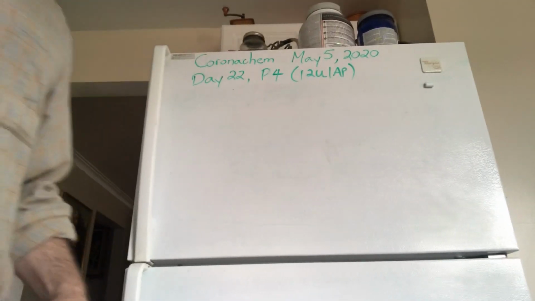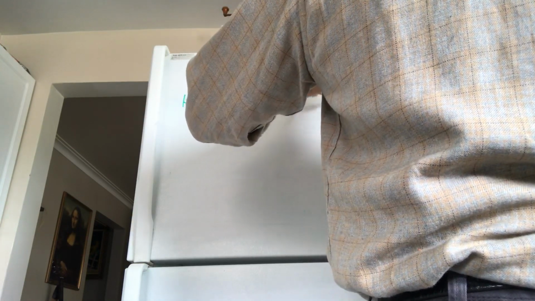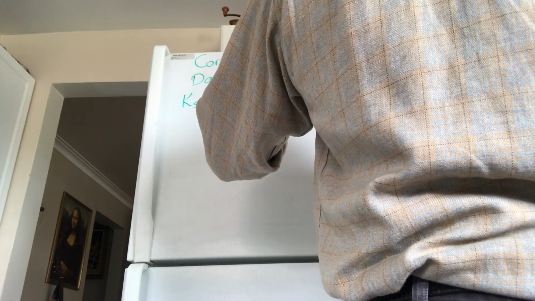So let's write down the conditions of the problem. First of all, the Ksp is equal to 1.6 times 10 to the negative 13, and the substance is manganese hydroxide.